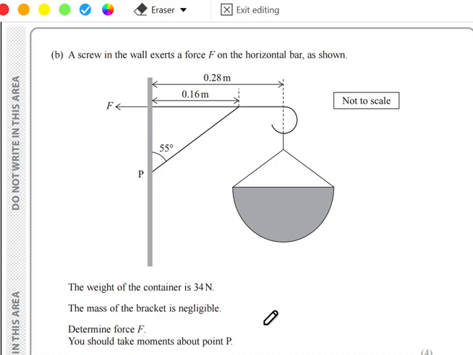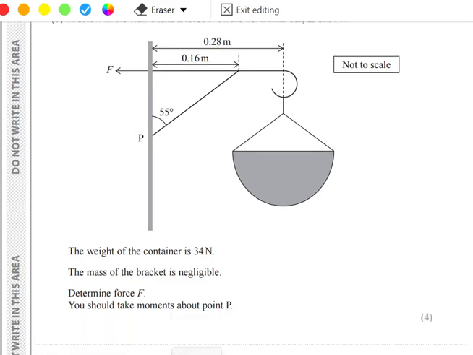This question is simple if you just focus on the perpendicular distances from the pivot, which the question thankfully stated to be B. So that you do not hesitate about which point to take the moment about.